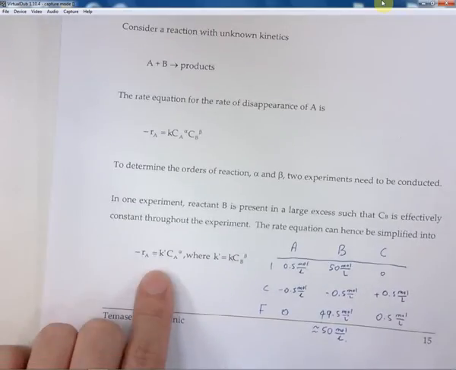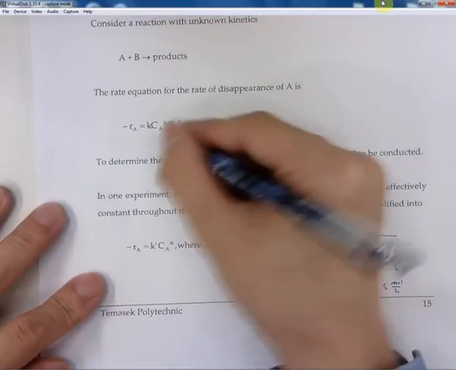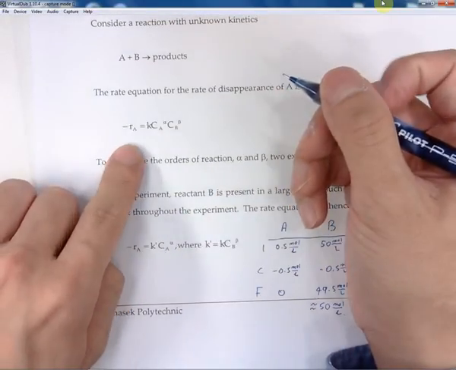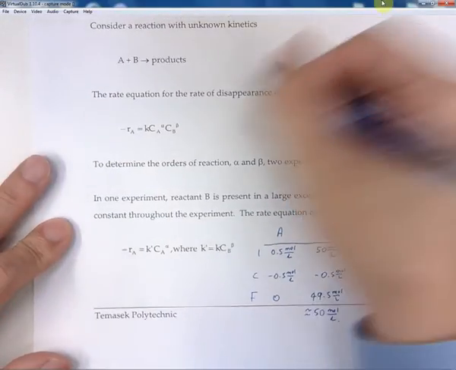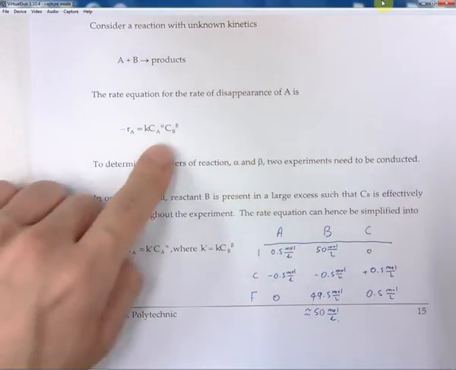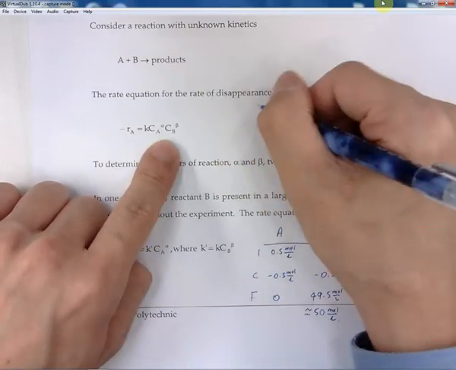I need to mention that from here, negative r_A is k C_A^alpha C_B^beta. If B doesn't change, B is also a constant.